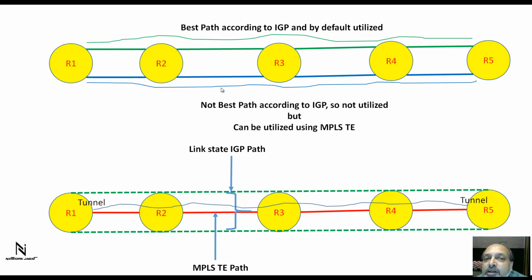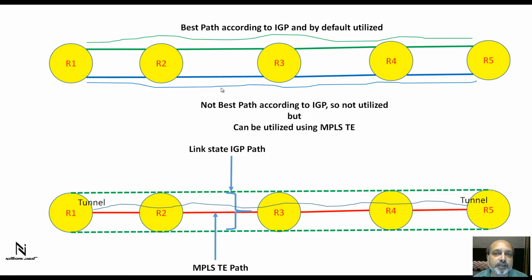Now as it has a lower setup priority value, in that case it will automatically preempt, that is, it will push down the green path and become the more preferred path, right? So this setup priority specifies whether this particular path has the capability of pushing down some other paths.